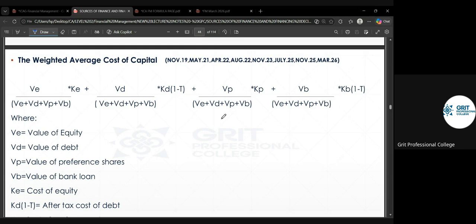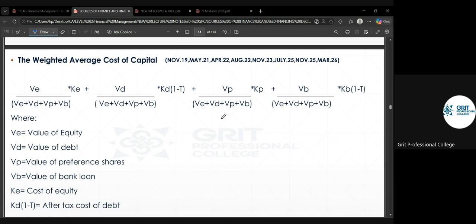Now today we are saying that for the company as a whole, if they source their finance from equity sources or they source their finance from debt sources, what is the cost of all their capital? And that is basically the weighted average cost of capital.